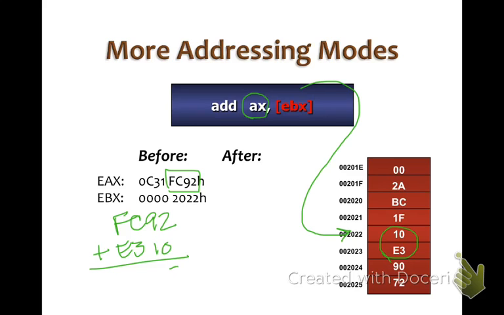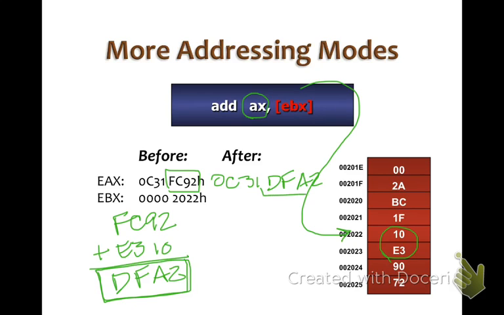Do the addition to get FD. That is the only part of EAX that will change. So EAX after is going to be 0C31DFA2. That's the only thing that we see changed. Here, I am overwriting, well, I've just seen that.